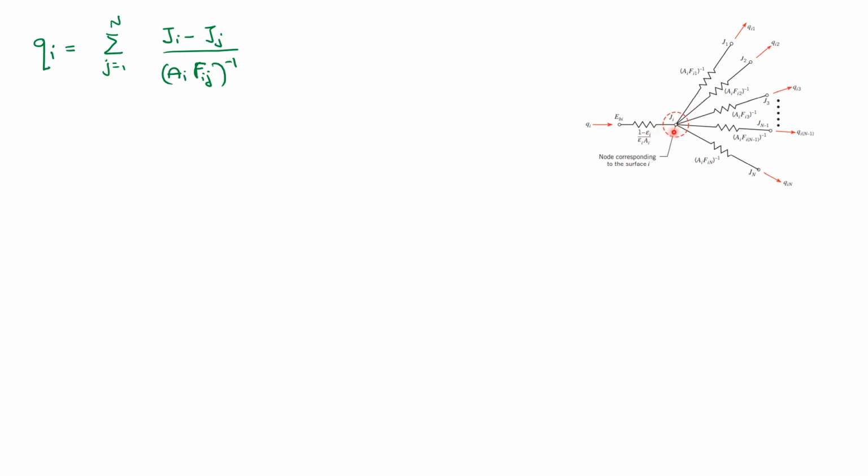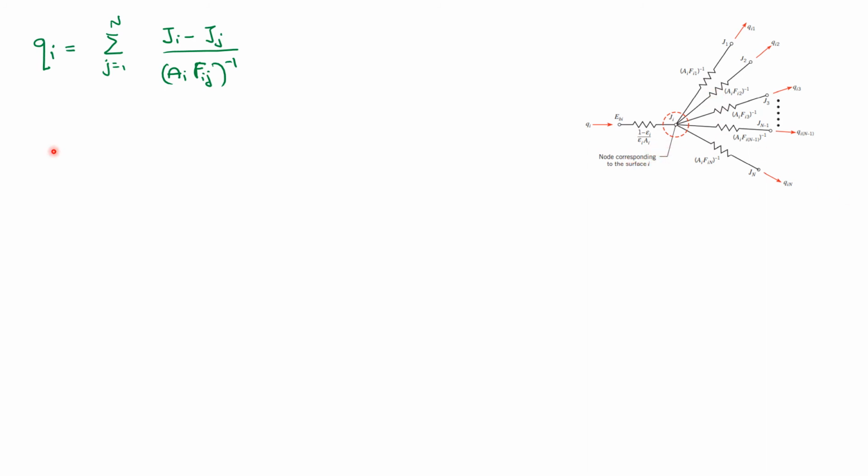After we have Ji, you will have heat exchange between different surfaces, and the resistance between the two surfaces will be the resistance offered due to the shape factor. So this is how you represent a nodal network in terms of view factors and emissivities.